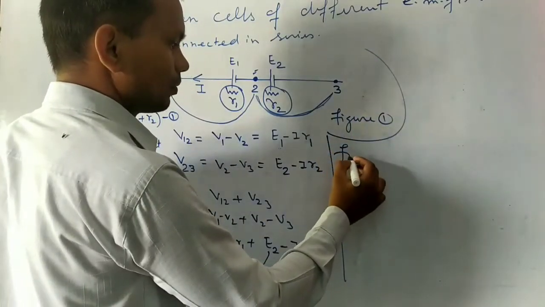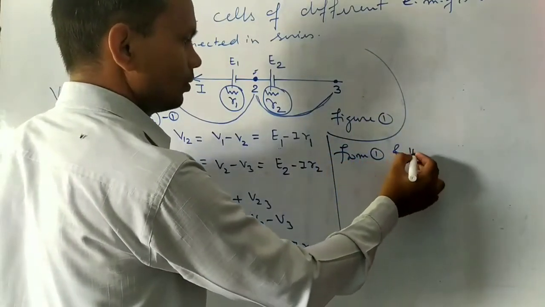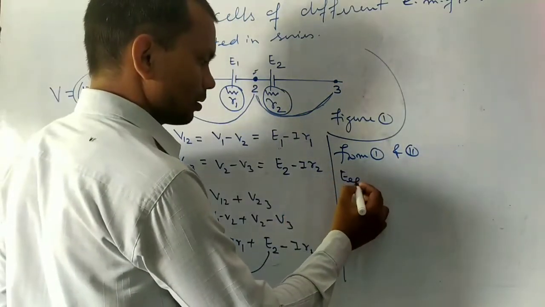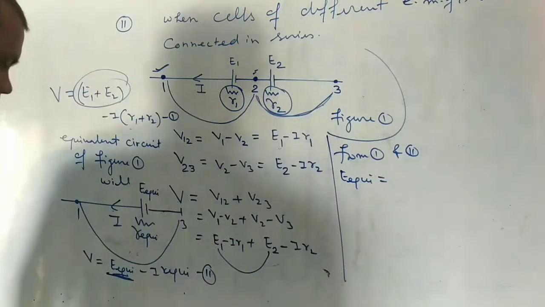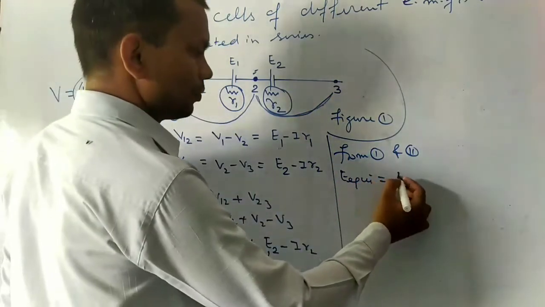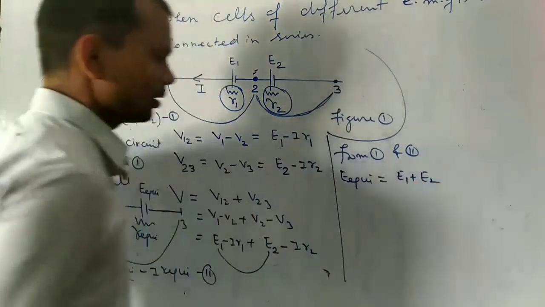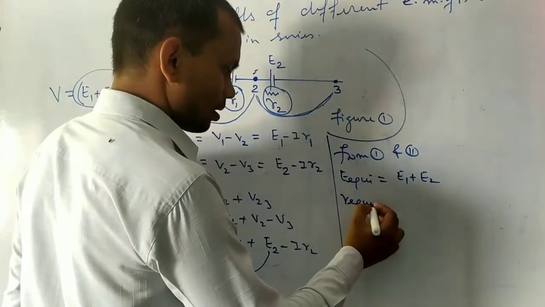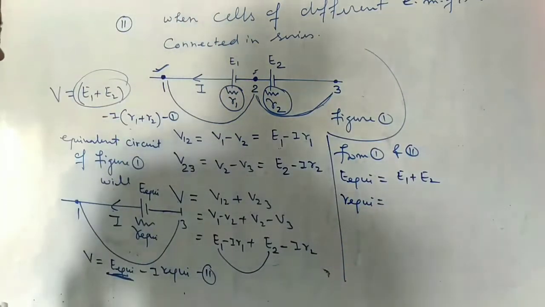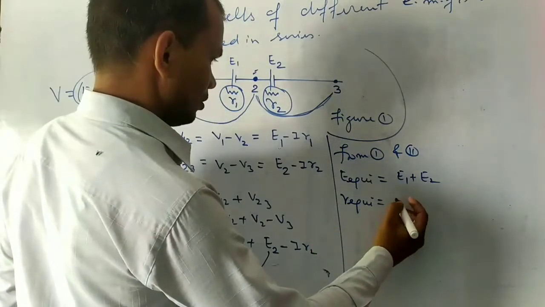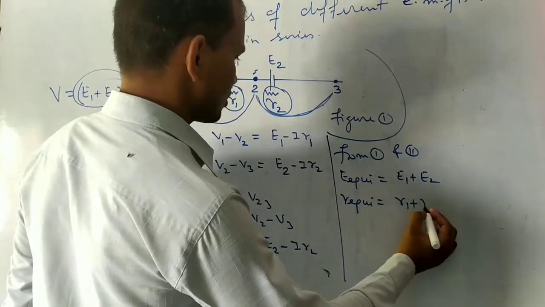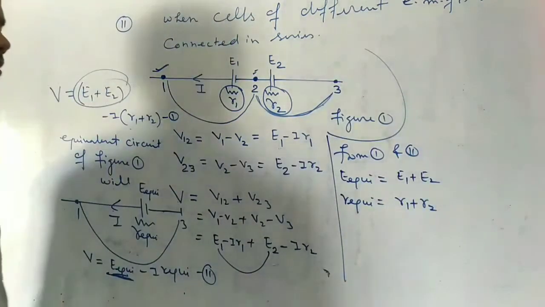Now from 1 and 2, what will we get? E equivalent is equal to E1 plus E2, right? And R equivalent, what will we get? R equivalent is equal to R1 plus R2, right?